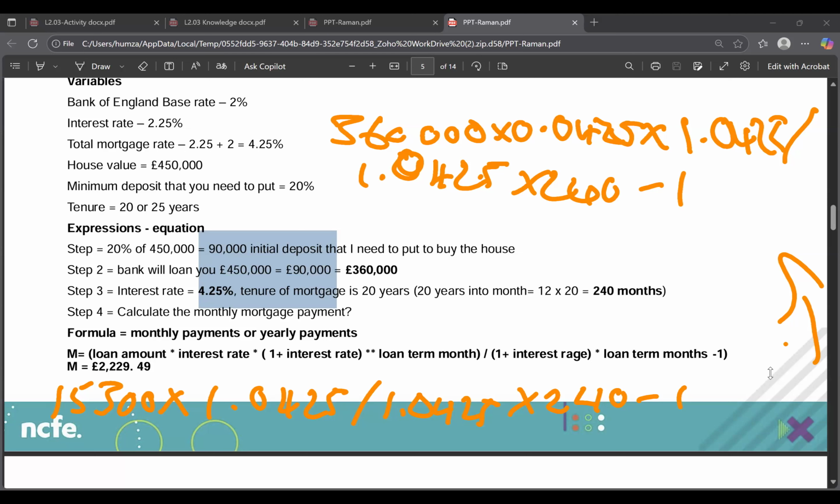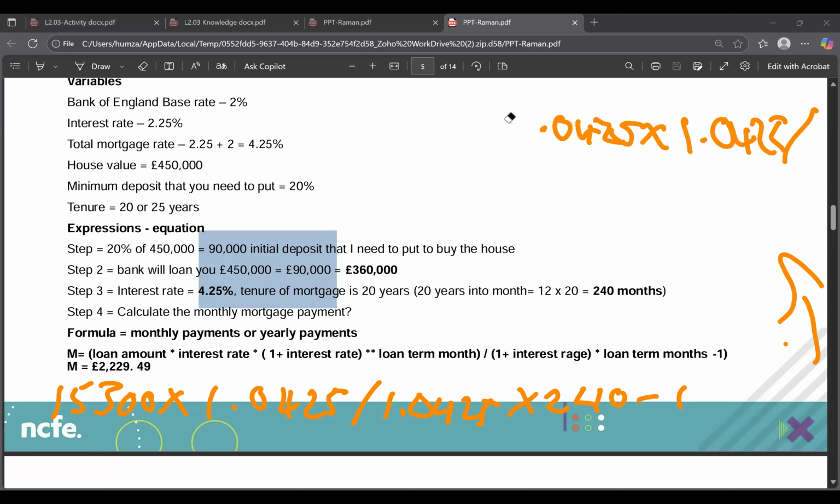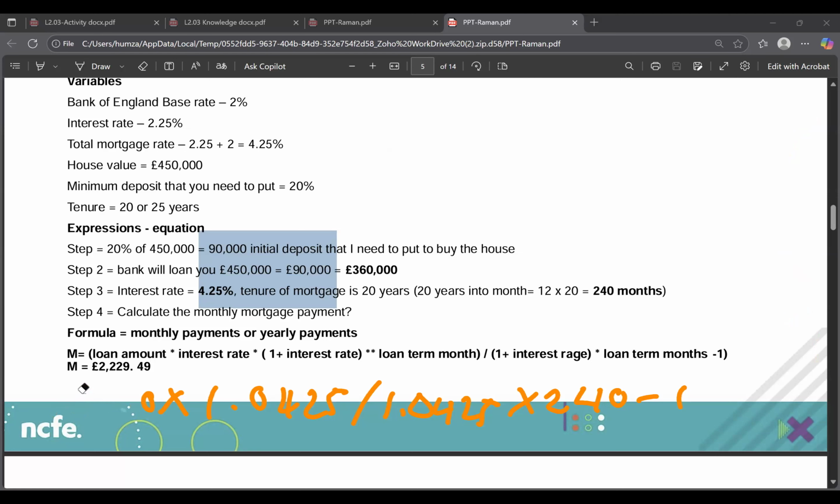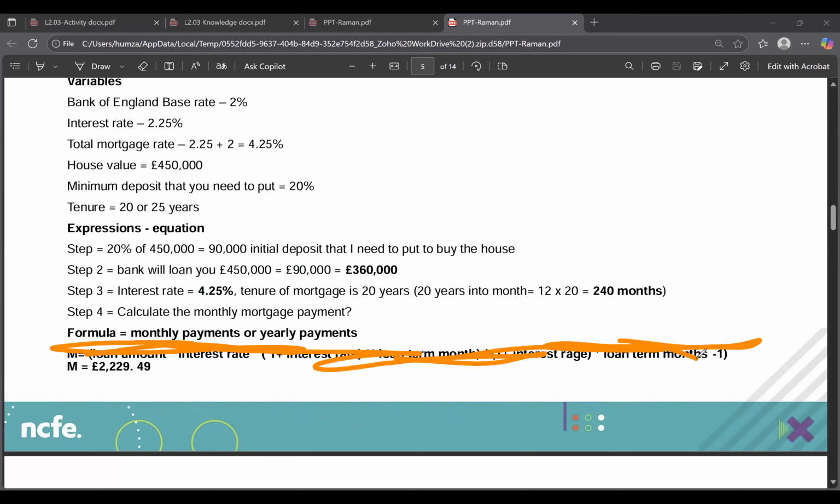I don't know who's done this. Let me prove this out. Let's ignore this formula. Let's do this without formulas and check it. So ignore this formula. I don't know who's done that, but it's not right.